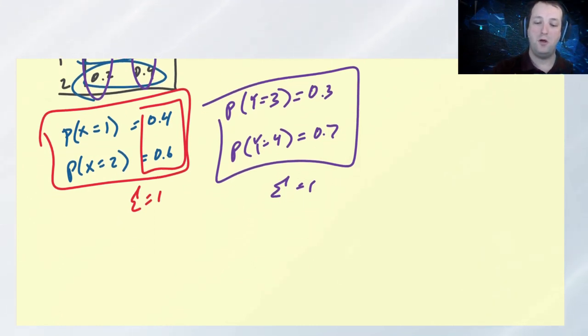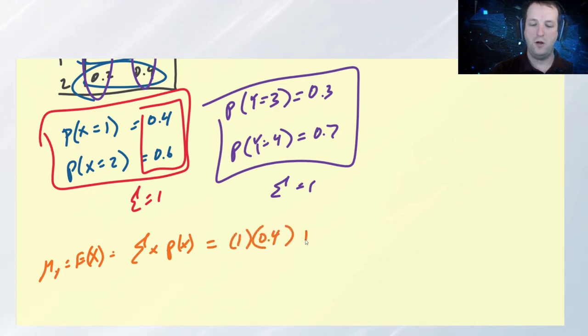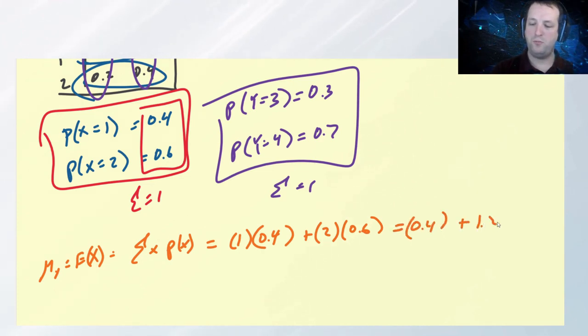So clearly the mean of x, or the expected value of x, is the sum of the x values times the marginal values at x. That's 1 times 0.4 plus 2 times 0.6. So that's 0.4 plus 1.2, which is equal to 1.6. That's the mean of x.